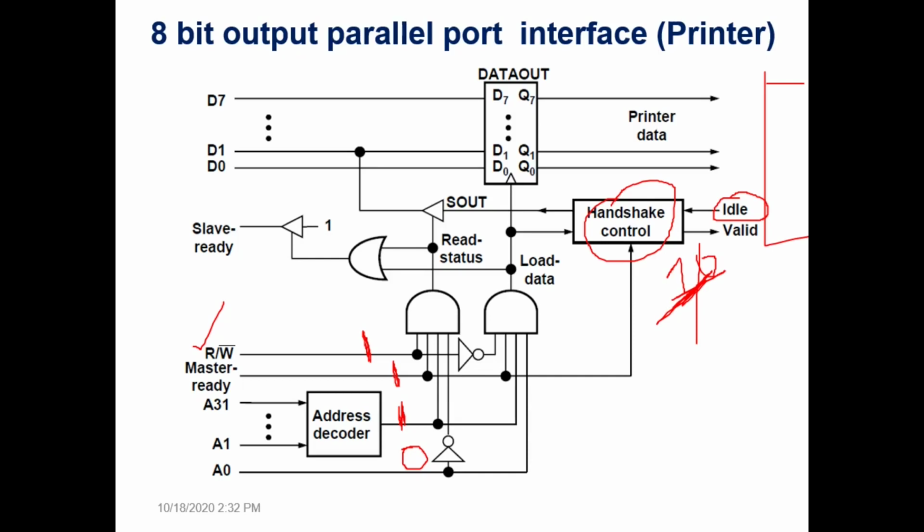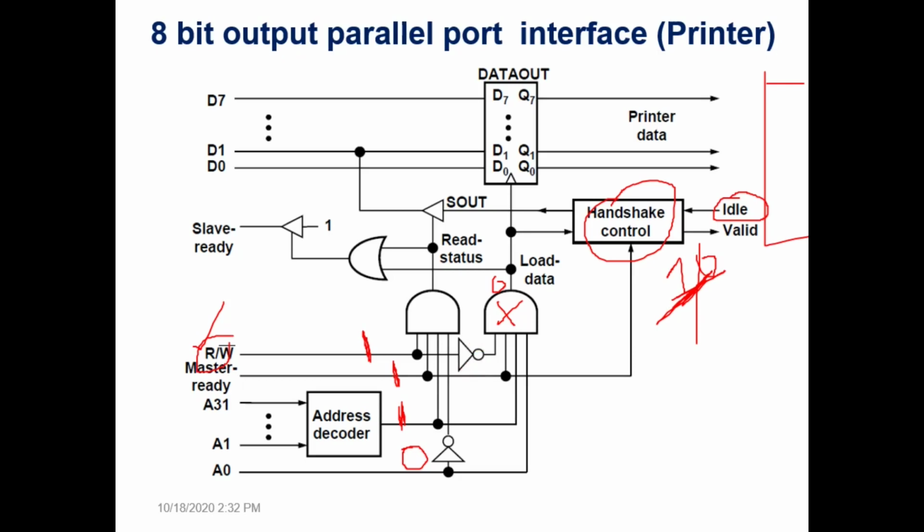Now here there is a NOT gate, so what happens is when A0 is 1, this AND gate output is 0. Also the read signal is given to that AND gate through a NOT gate, so it will be 0 anyway.